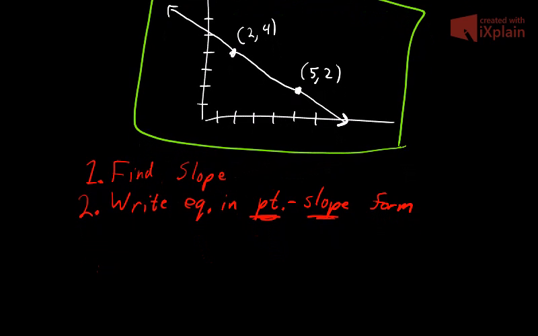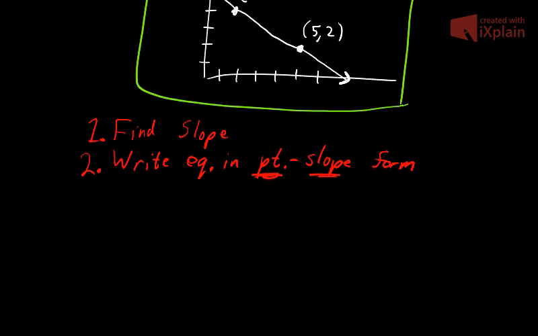So again, first find the slope. Our points are 2, 4 and 5, 2. If we remember our slope formula, we subtract the y's. I'll let this be point 1 and this be point 2.